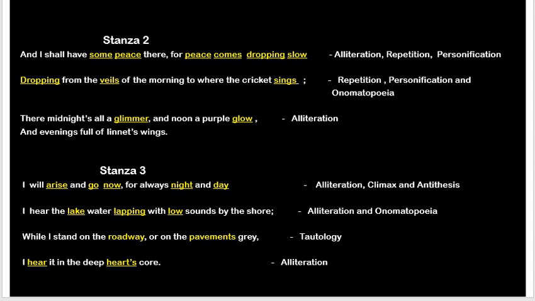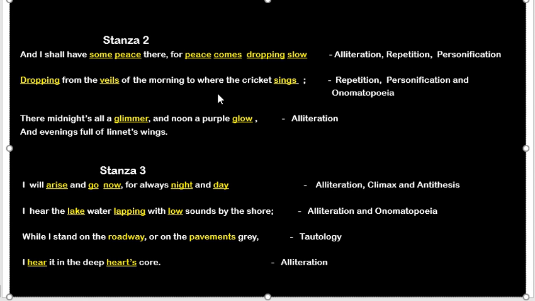In these lines we can see that the figures of speech that are used are repetition, personification and onomatopoeia. Here we can see that after this line there is no punctuation, and that's why the line continues to express the idea in the next line also. So here the word dropping is repeated, so it's repetition.